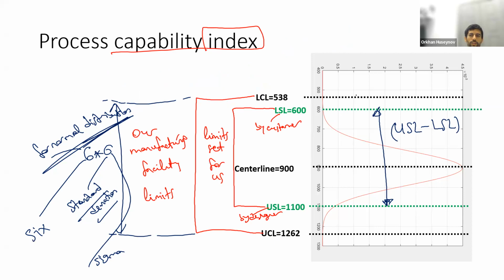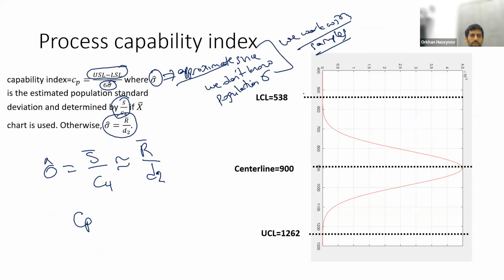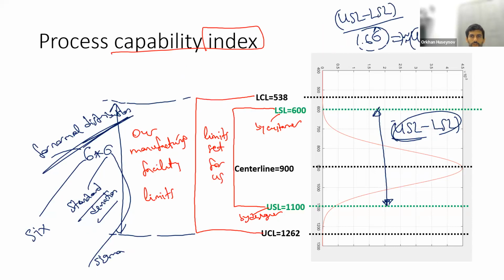So you do USL minus LSL, and you divide it by the 6 sigma, which is approximately equal to UCL minus LCL. The specification limit divided by this 6 sigma is Cp. You are comparing the range here with the full range.